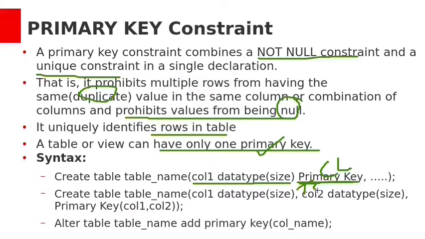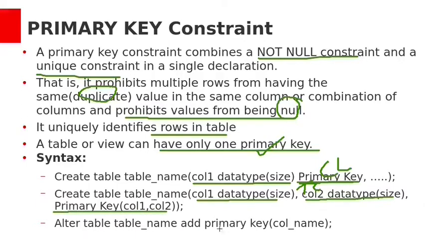Means after definition of all columns, we can specify this primary key constraint. This is more useful when the primary key is composite, means which is a combination of more than one value. Create table, table name, column 1 and its definition, column 2 definition, primary key combination of this column 1 and column 2. This is the table level syntax.